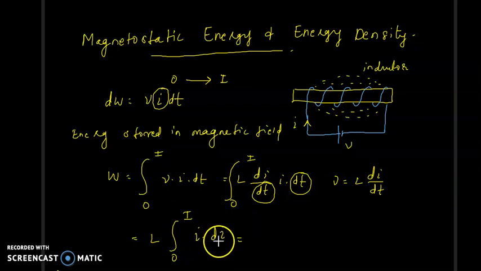Now you are integrating I with respect to di. The integration of I is I squared by 2. So this becomes L into I squared by 2, where I changes from 0 to capital I. So finally the expression becomes half L I squared.